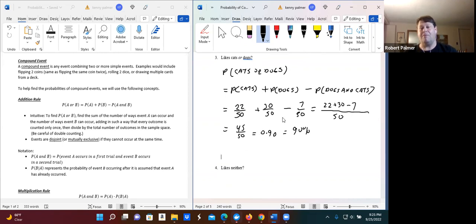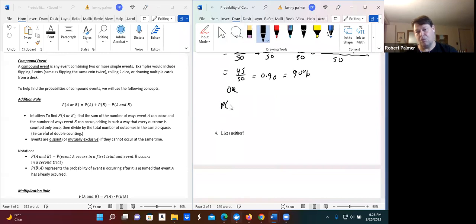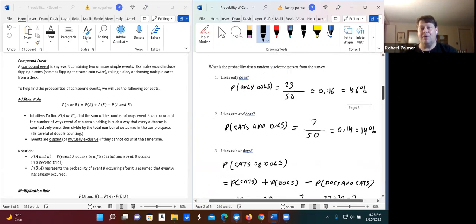Okay. Now, another way we can think about that is the probability that someone likes cats or dogs is, if I can just simply add up.